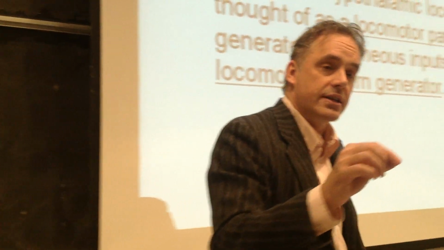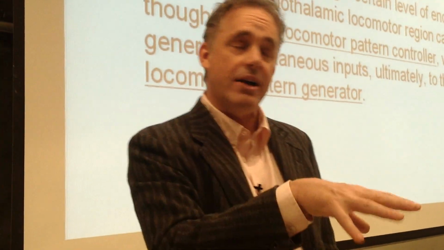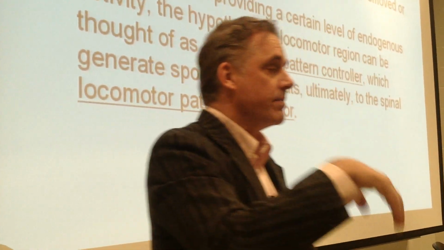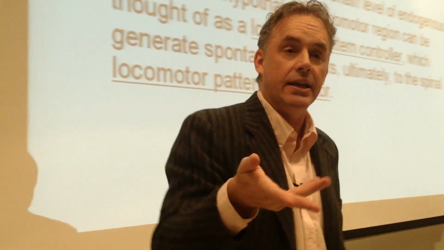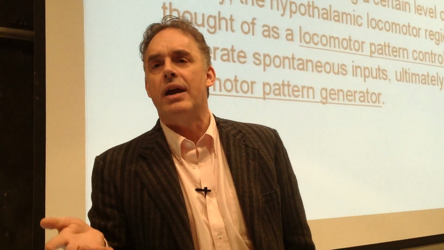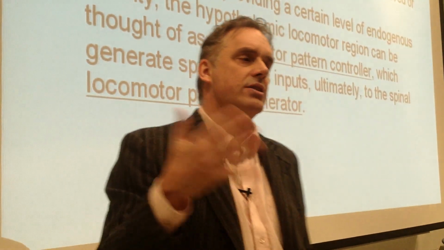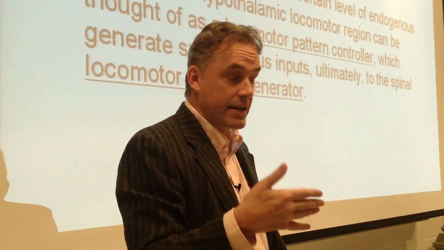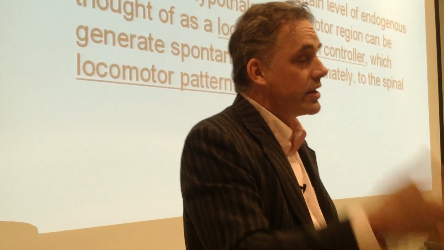Here's an example. This has been done with cats, and if you have a female cat in a cage, and it's only a hypothalamic animal, it can basically manage. It can't learn new things very well, and it can't remember anything. It doesn't have episodic memory. But it can maintain its temperature, it can eat, it can engage in sexual activity, it's got defensive aggression.